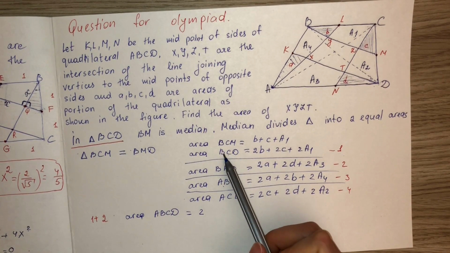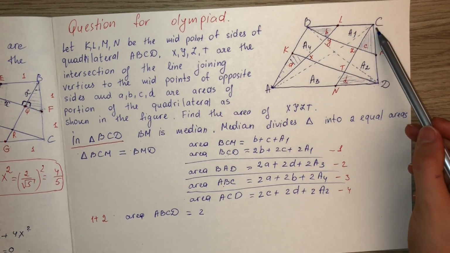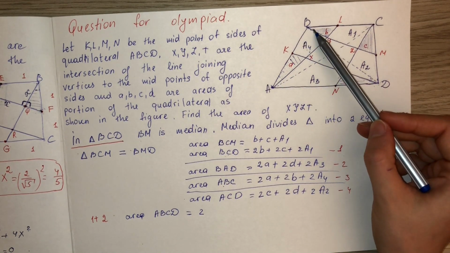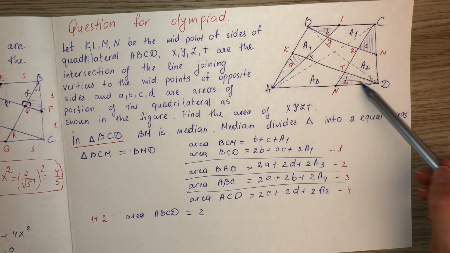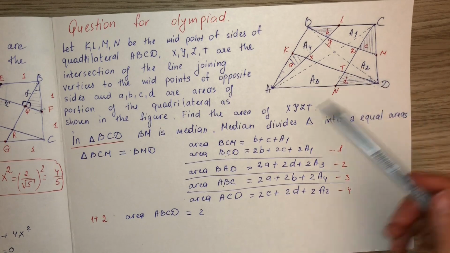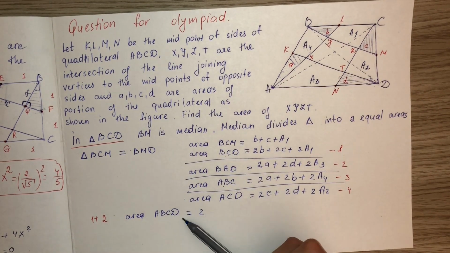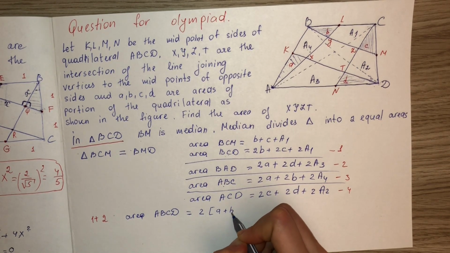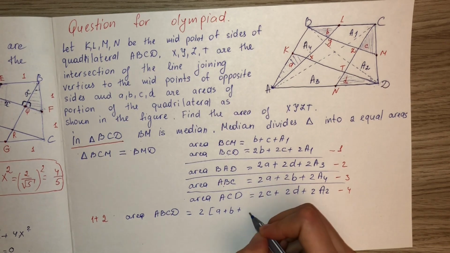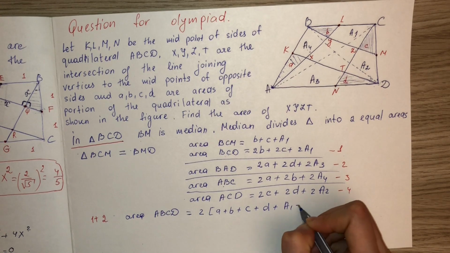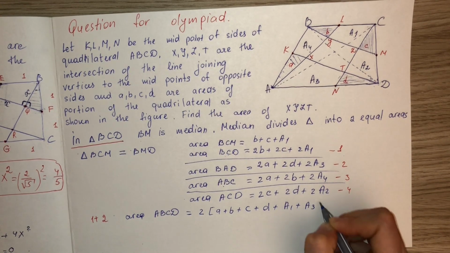If we add BCD and ABD, or BAD, if we add two triangles, we get that the area of ABCD is equal to 2 times A plus B plus C plus D plus A1 and A3.